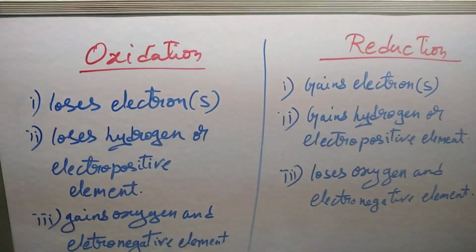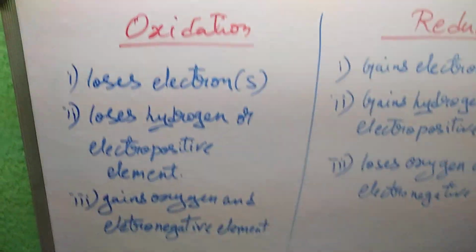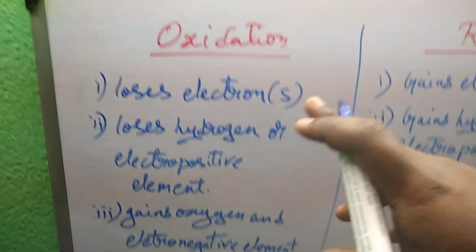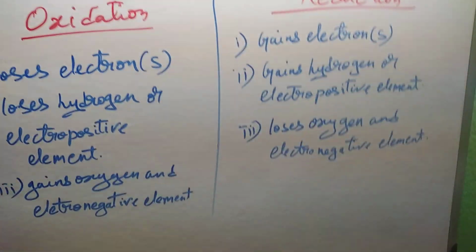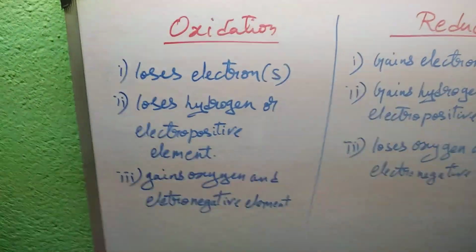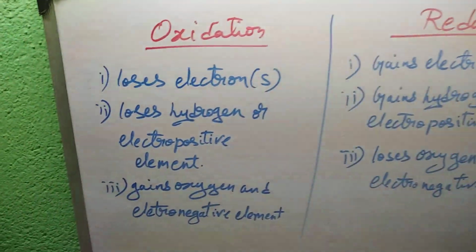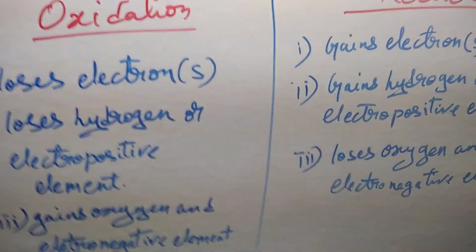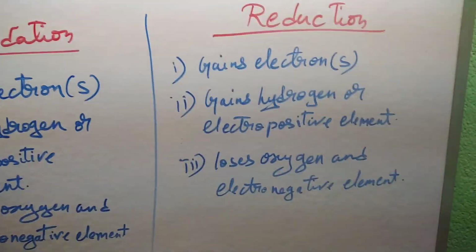Now see the difference between oxidation and reduction. In short, for oxidation, it loses electrons, but for reduction, it gains electrons. In oxidation, it will lose hydrogen or electropositive element, but in reduction, it will gain hydrogen or electropositive element.